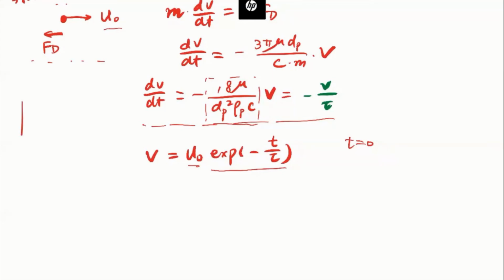So what this means is that if we plot the particle velocity as a function of time, it's just going to decrease exponentially until it reaches 0.